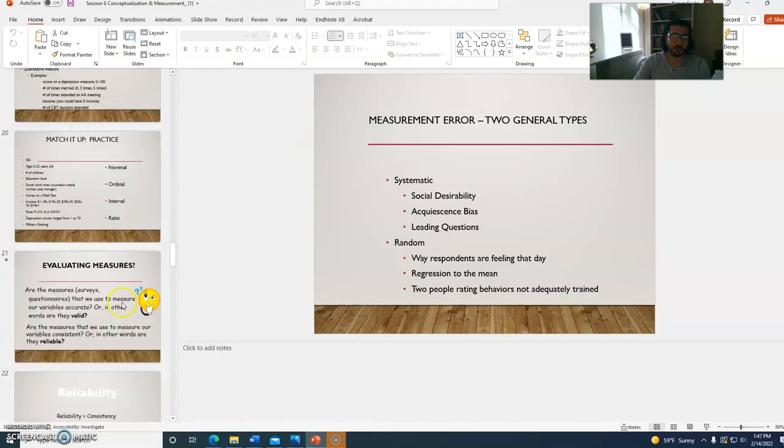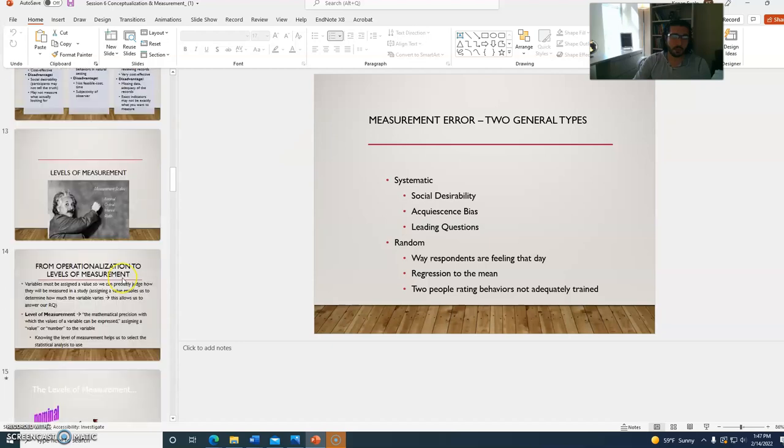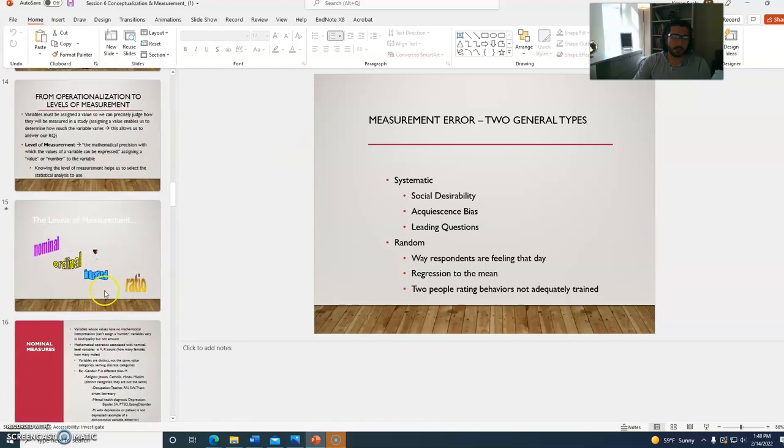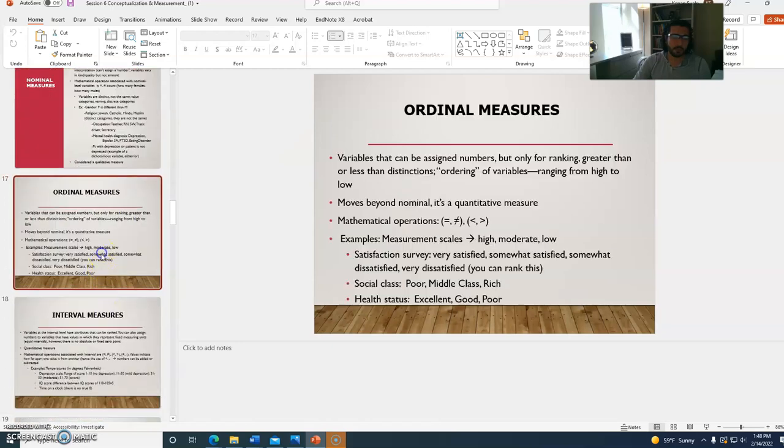Let me open it here. In this example, you will see social class: poor, middle class, and rich. We can rank order them, like which one has a higher economic power.